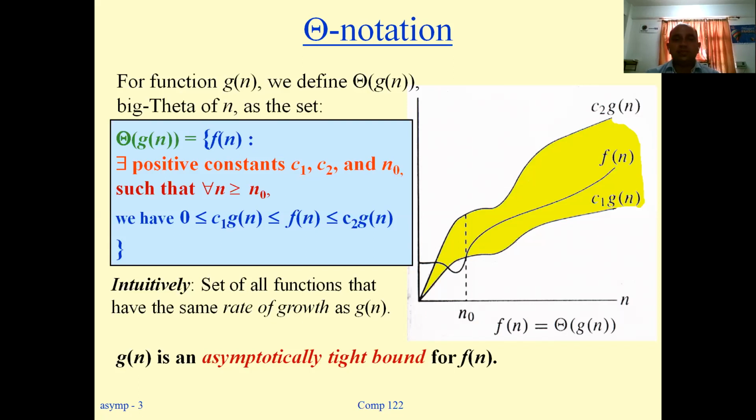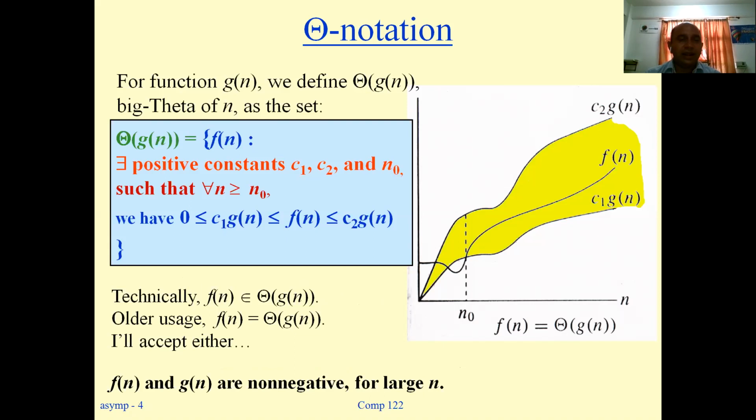We can say the function f(n) lies between the two functions c1 g(n) and c2 g(n). This notation is also known as tight bound. We can say g(n) is an asymptotically tight bound for f(n).